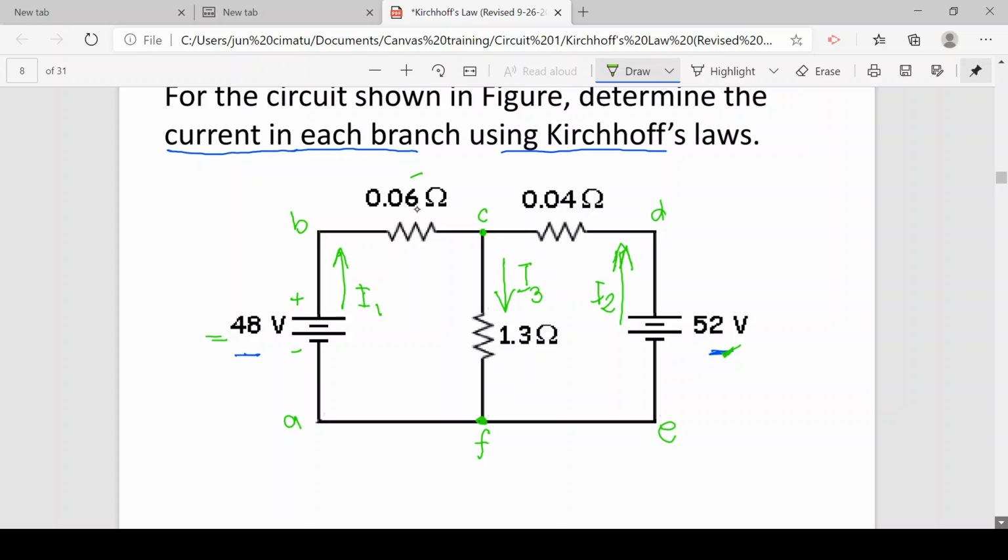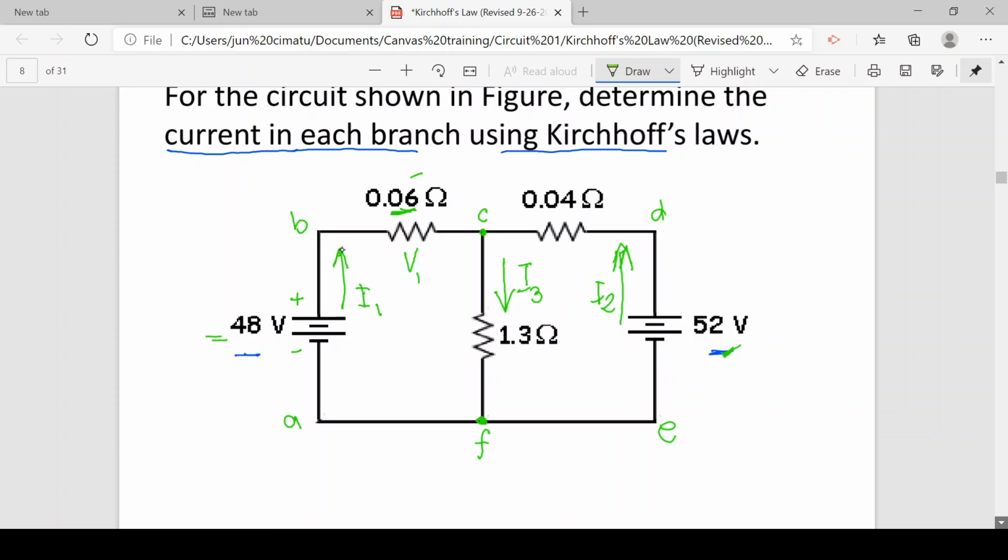How about the voltage at the 0.06 ohm? We identify the polarity of the voltage, let's name this B sub 1, the voltage at the 0.06 ohm. Its polarity shall be based on the current direction in the resistor.